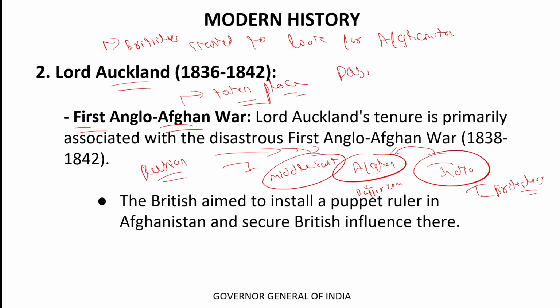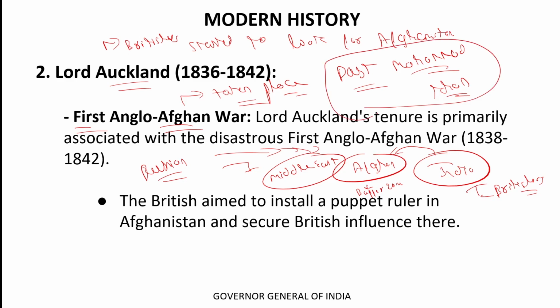Okay, basically Dost Muhammad Khan was the Afghan ruler who was approached by the Britishers. But somehow the Britishers were not able to convince the rulers of Afghanistan to their side, and for this they started occupying Afghanistan forcefully. But what happened?